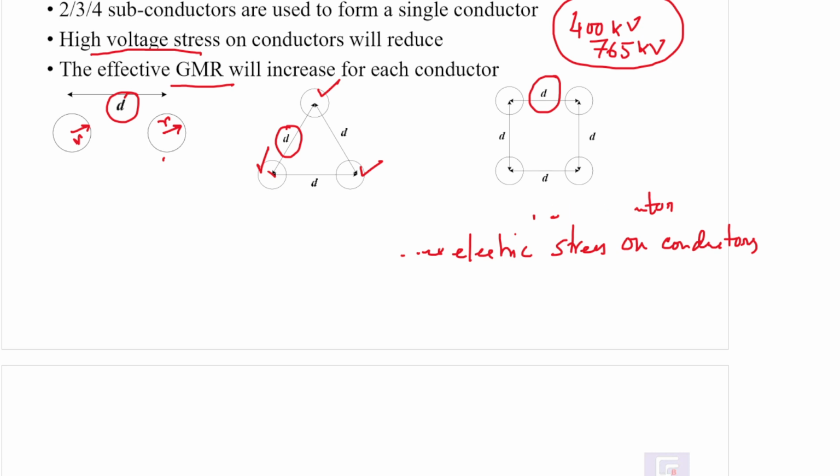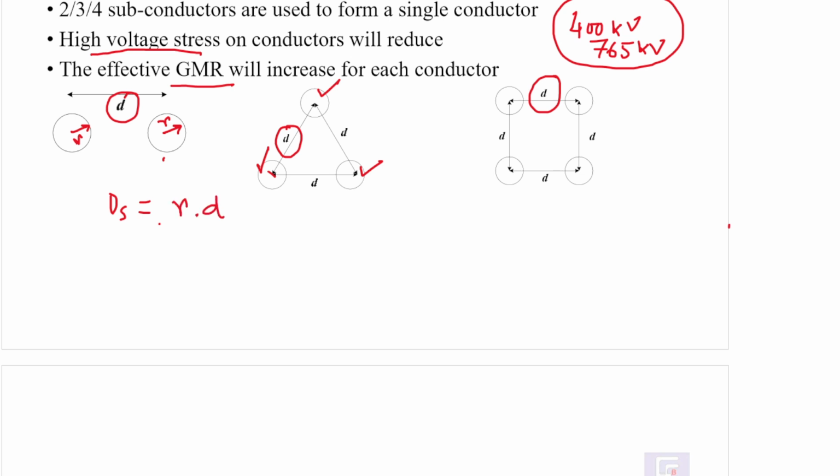For this two conductor case, we have Ds equal to the square root of R into D. So this is the GMR of the two conductor case. While when you have the single conductor, it is R, but when you have the bundle conductor, your GMR is increased by this term, root R.